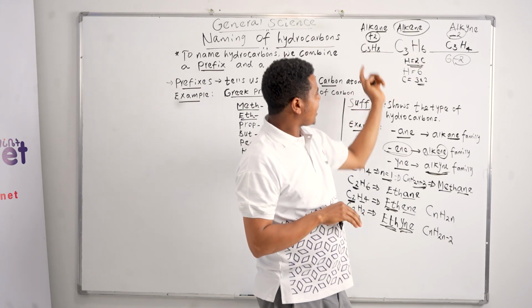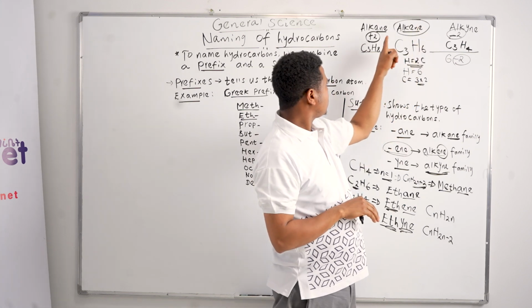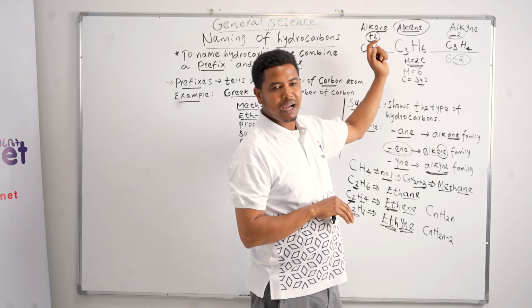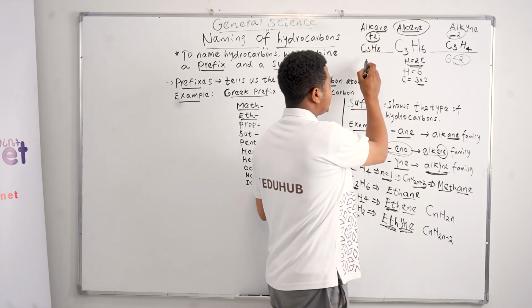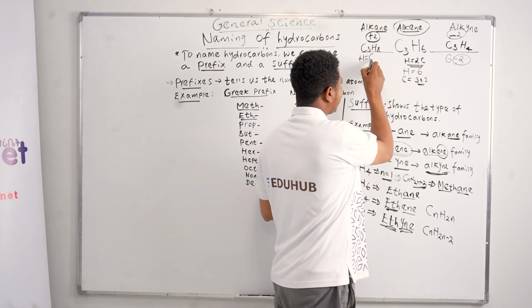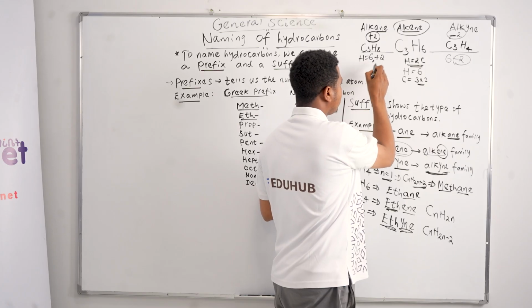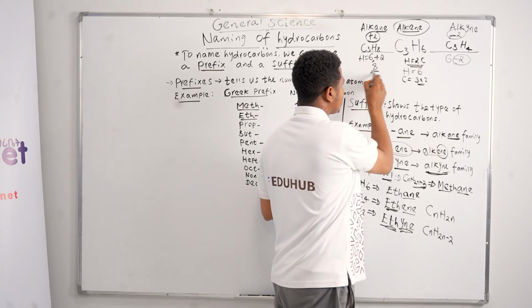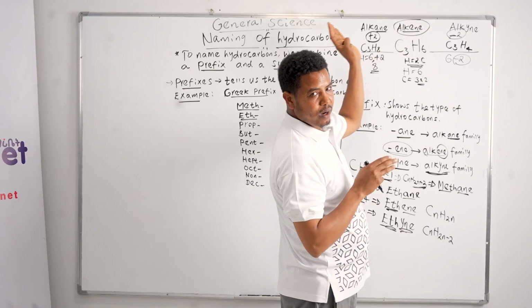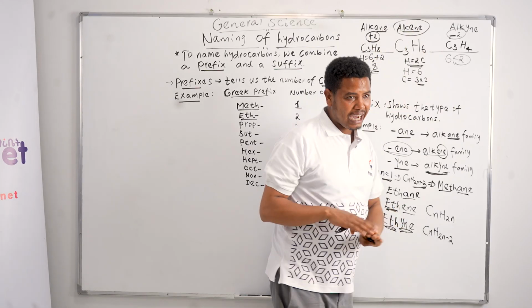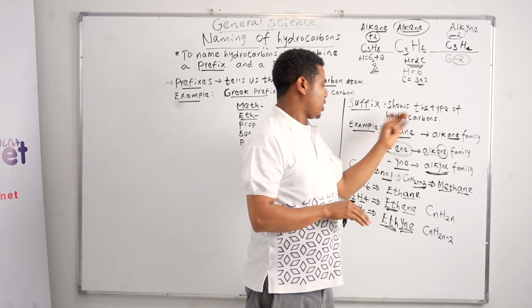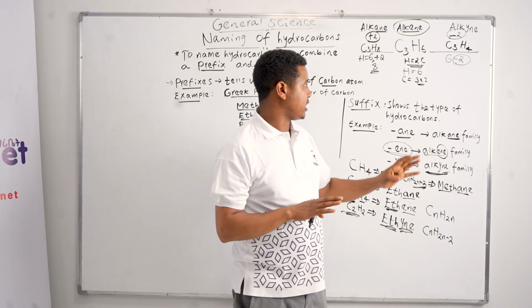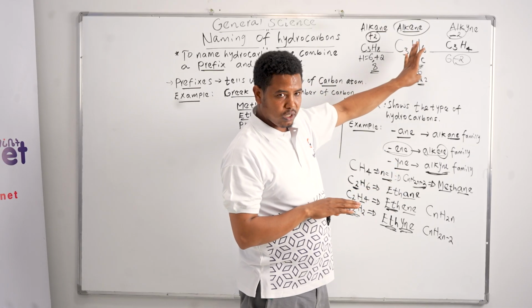And going from the alkene to the left side, you have to add 2. The hydrogen in alkene was 6, so when you add 2, it becomes 8. So easily you can know whether it is alkane, alkene or alkyne, and you can put your suffix accordingly by looking at the formula.